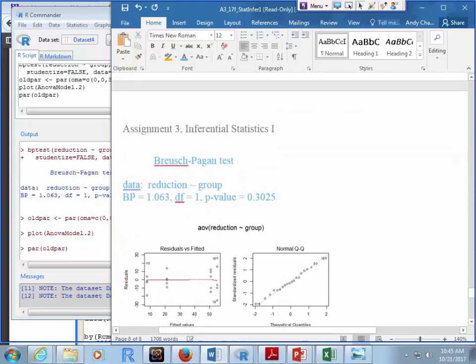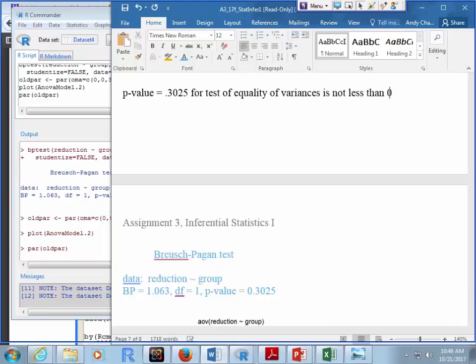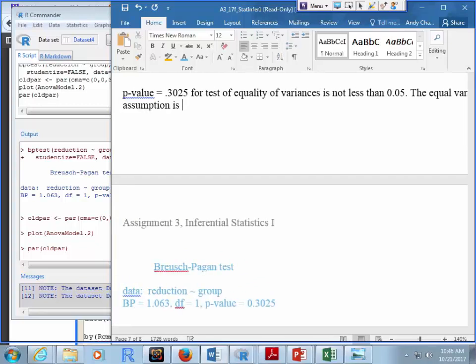And I think you know how to draw a conclusion, right? This F test, this test for equality of variance, the p-value for the test of equality of variance is not less than 0.05. The equal variance assumption is acceptable.